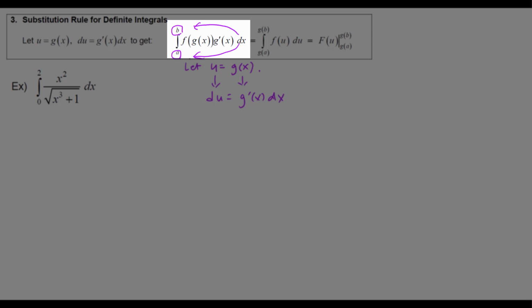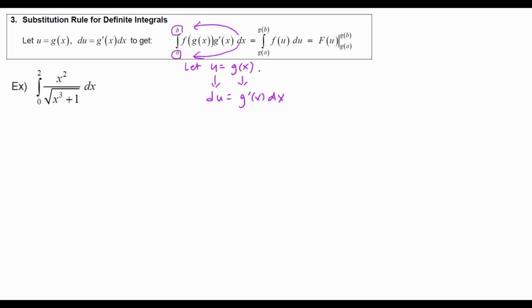You have a lower limit of x and an upper limit of x. However, after u substitution, when x equals lower limit a, you plug that a right here so that you get g of a as a number, and that will be the lower limit for u.